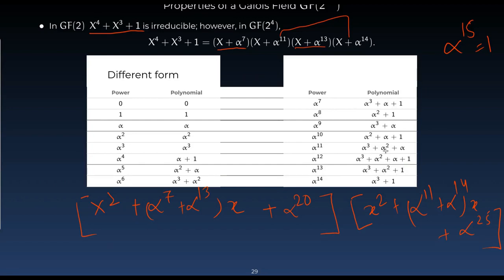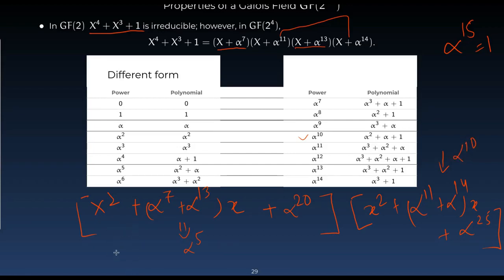So we will have alpha^2 + alpha, which is equal to alpha^5. And alpha^11 and alpha^14, if you add them together, you will again have alpha^2 + alpha + 1, which is alpha^10.